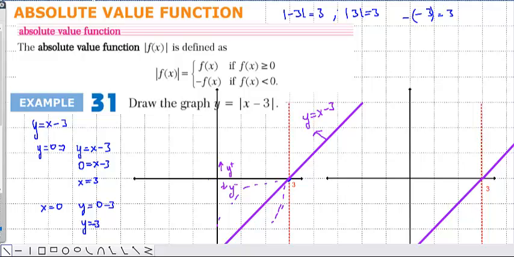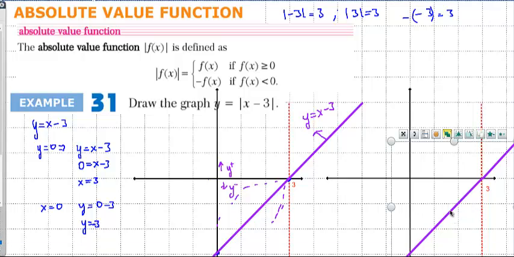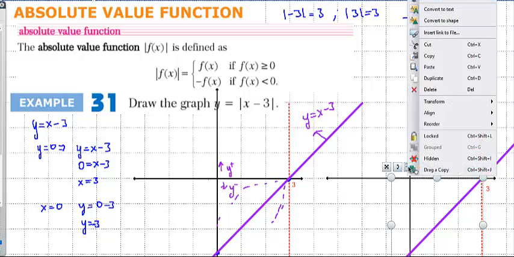If I want to draw the graph of y is equal to the absolute value of x minus 3, I need to get this part, which is the negative part of the function. I need to get this one up.